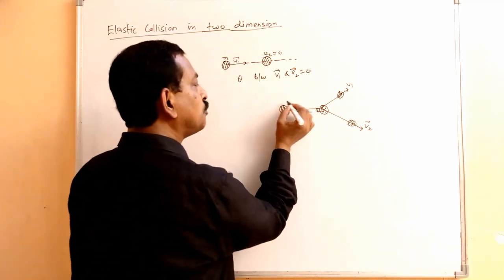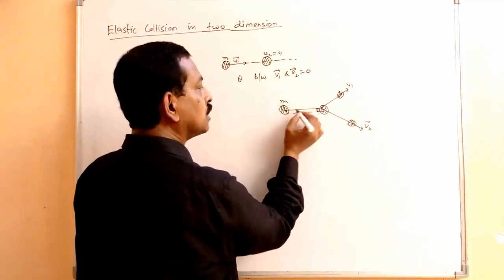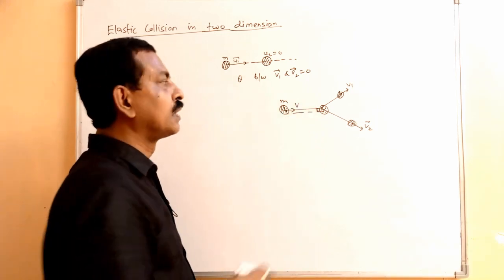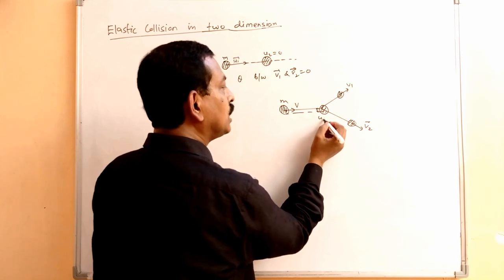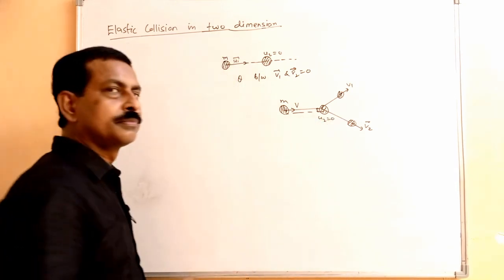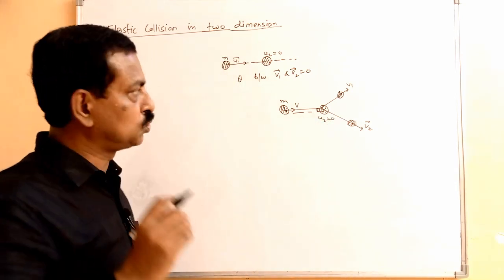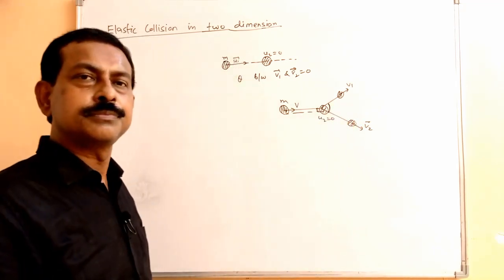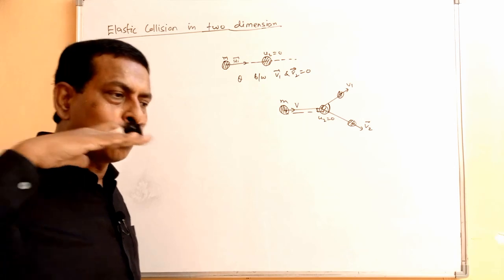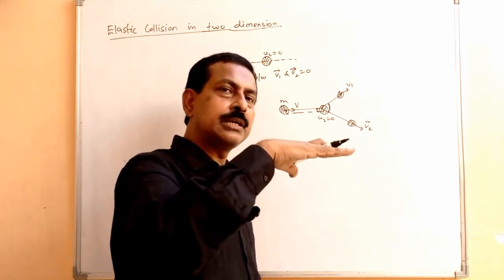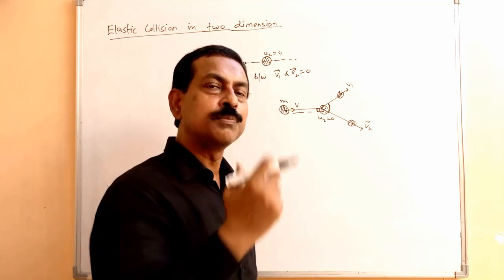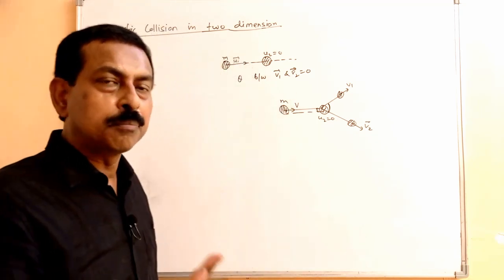Let's assume that the first body was initially moving with velocity v, and this is the second one, that is 0. For this one, we have to find what this particular angle is. If it is a one-dimensional elastic collision, in that case it is 0. But if it is an oblique collision, that means there will be movement in two directions.